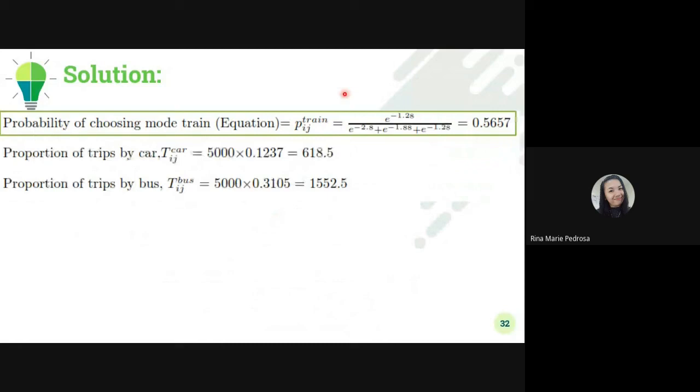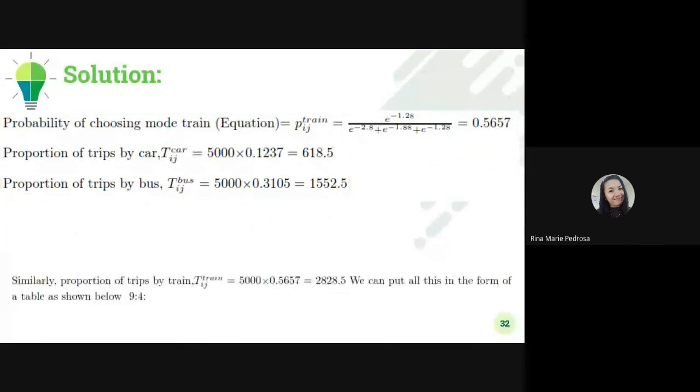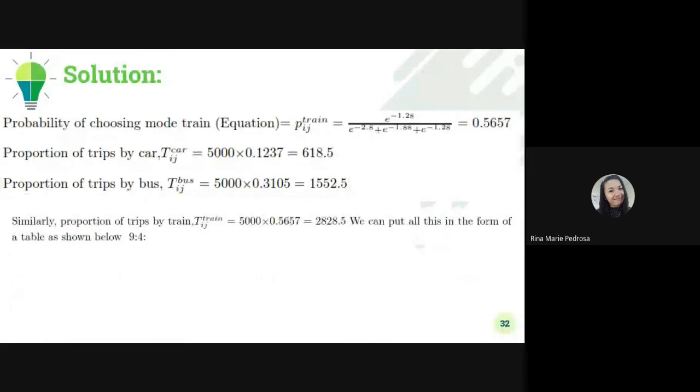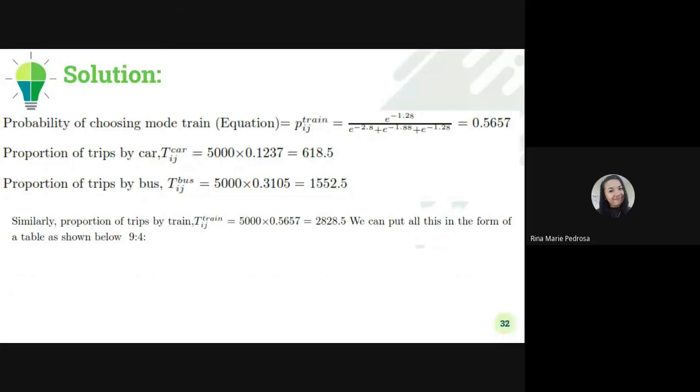Next, we have the proportion of trips by car, which is 552.5. Similarly, the proportion of trips by train, we get 5,000 times 0.5657, which is 2,828.5.